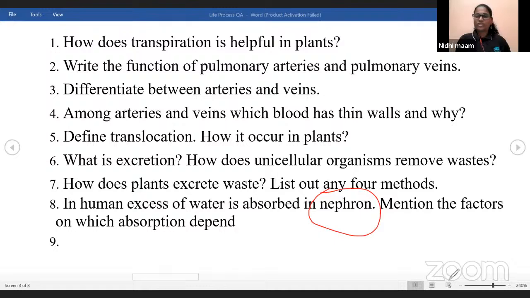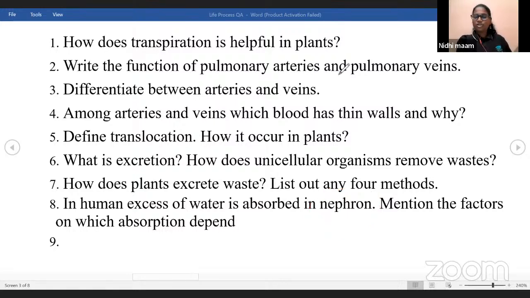Don't get confused with a neuron and nephron. Proximal convoluted tubule is the right one, that is where it happens.